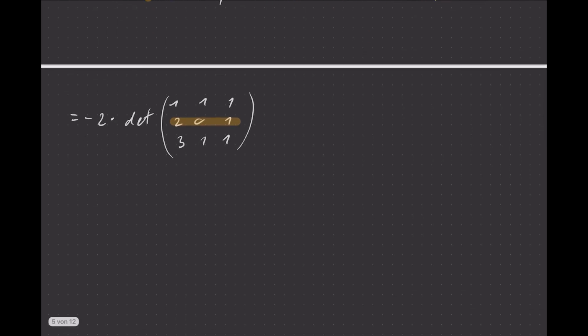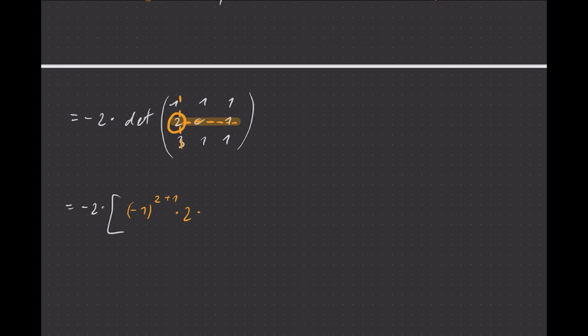So what do we get? For the first entry of that row, we have this 2 here. So the first part of the expansion is -1 to the power of, this is in row 2, column 1, so we get 2 plus 1, times 2 times the determinant that we need, which stems from the cofactor we get by deleting the second row and the first column.